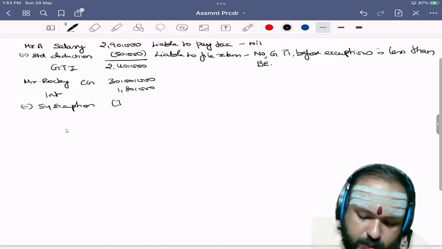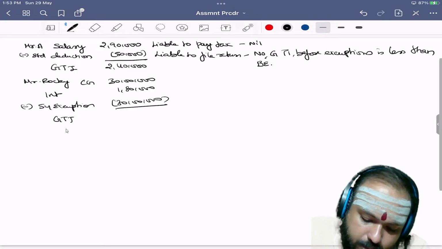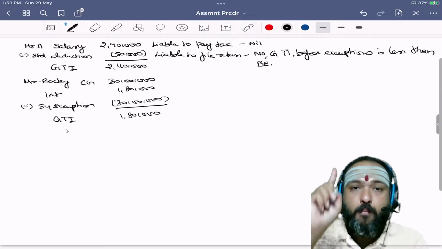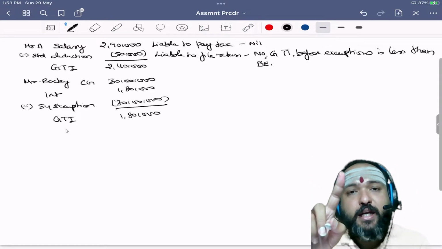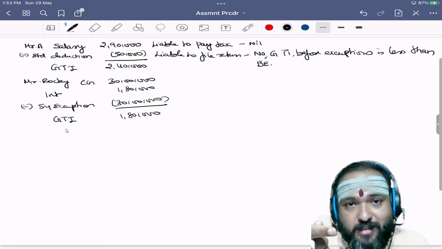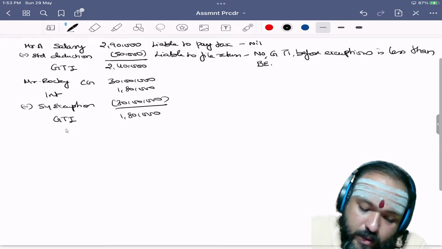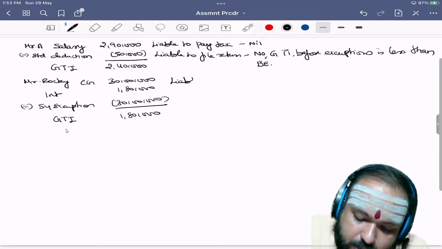He has invested the entire amount, so he need not have it. So what is the gross taxable income? Gross taxable income is 1,80,000, but 139(1) defines gross taxable income to be gross taxable income before the exemptions under section 54. Therefore, let us answer this question.